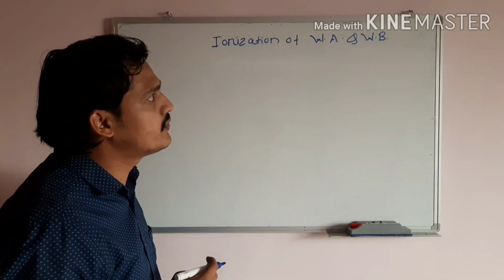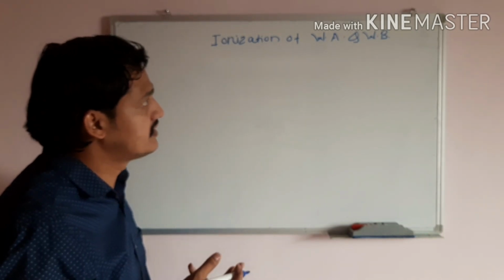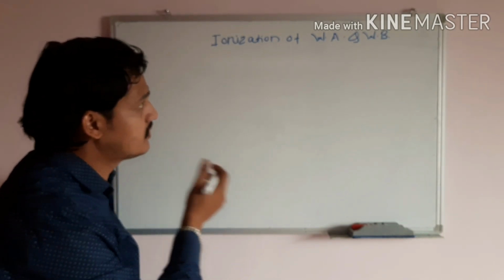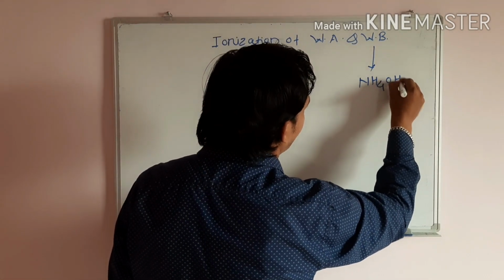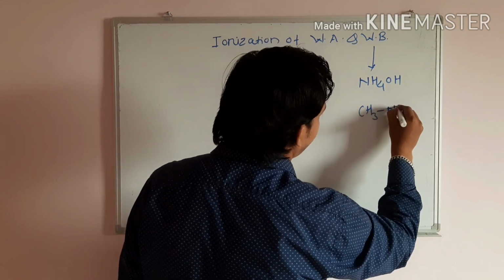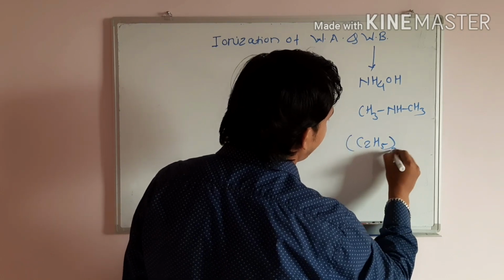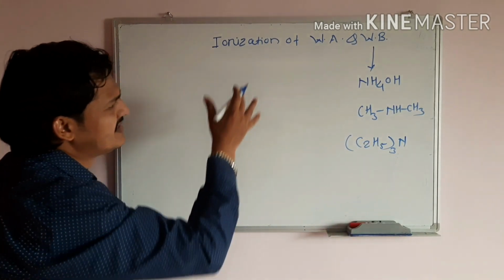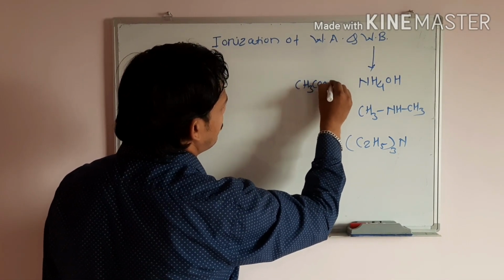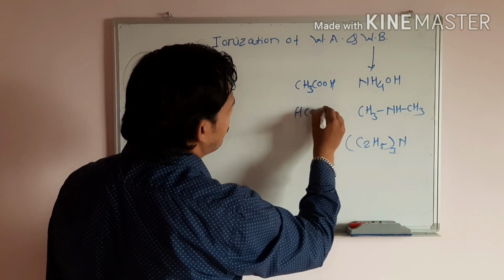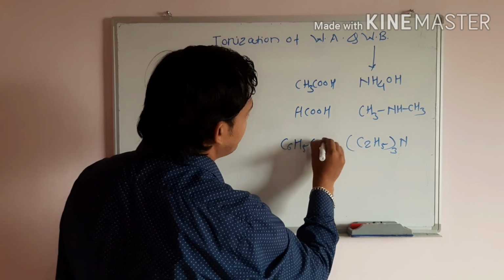Weak bases include NH4OH, CH3NH2, C2H5NH2. These are the examples of weak bases. Weak acids include CH3COOH, HCOOH, and another example C6H5COOH.